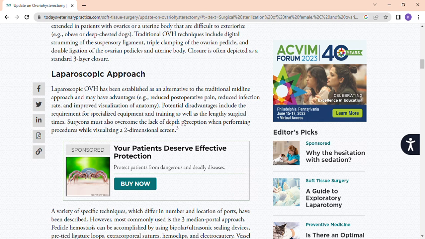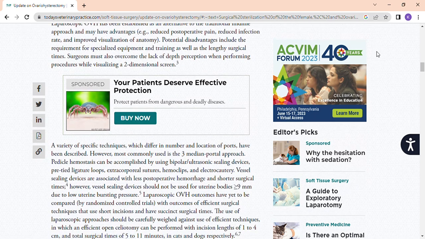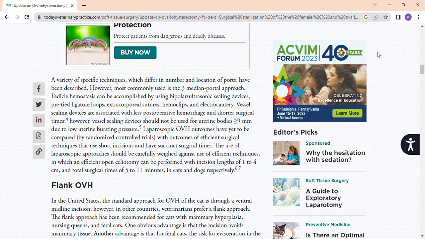Number one, you can visualize the anatomy of the cat and dog easily, then reduced infection rate, and the most important is reduced post-operative pain. Potential disadvantages include the requirement for special equipment and training as well as lengthy surgical time. The surgeon must also overcome the lack of depth perception when performing the procedure while visualizing a two-dimensional screen. A variety of specific techniques with differences in number and location of ports have been described.